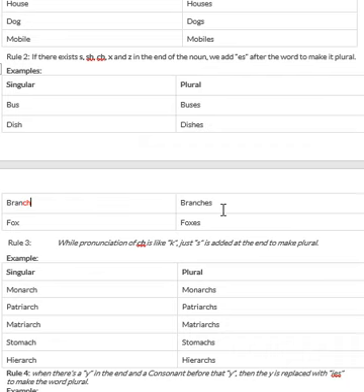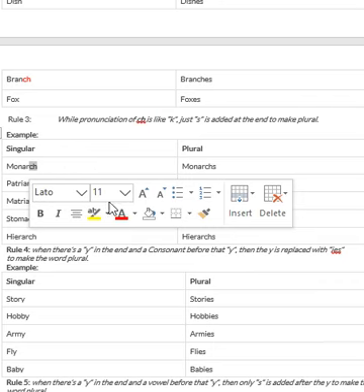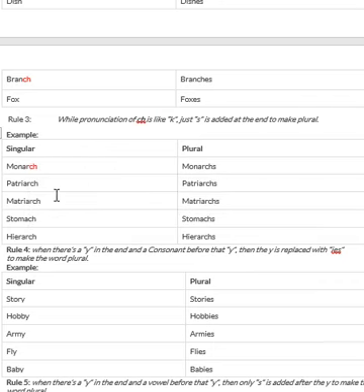That is why ES is added here. In the same way, this ch is pronounced as ko. That is why only S is here. I hope you are understanding my point.